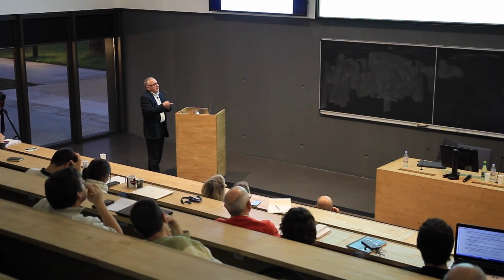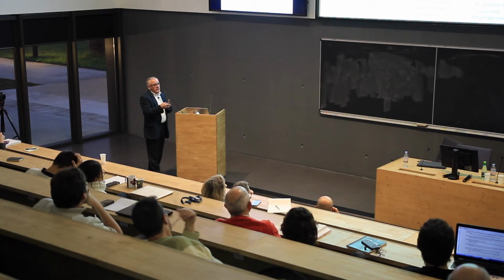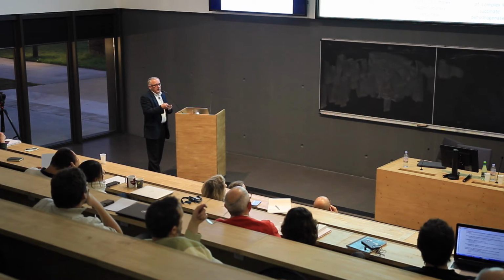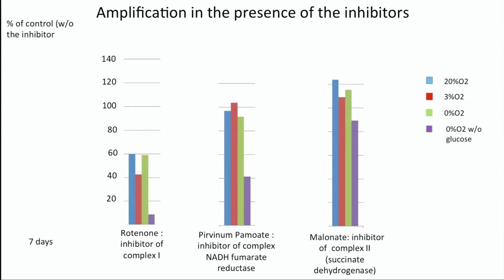And we try to confirm this by performing the cultures of the cells, in which we put at the beginning of the culture the inhibitors, and then we observed expansion or maintenance of the cells with or without inhibitors.